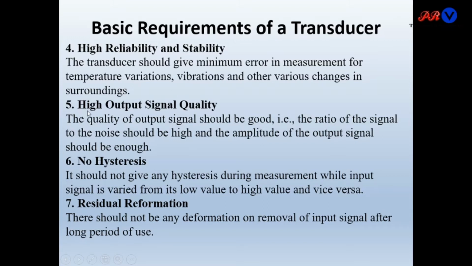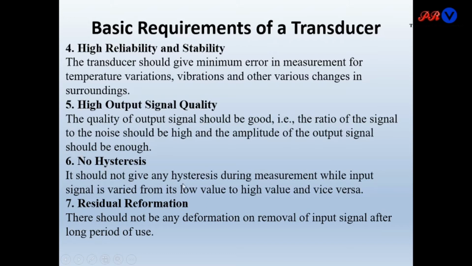Fifth requirement is high output signal quality. The quality of the output signal should be good, means the signal to noise ratio should be high, means the amplitude of the output signal should be enough. So here noise must be low, means the transducer must provide a signal to noise ratio which must be high. No hysteresis.